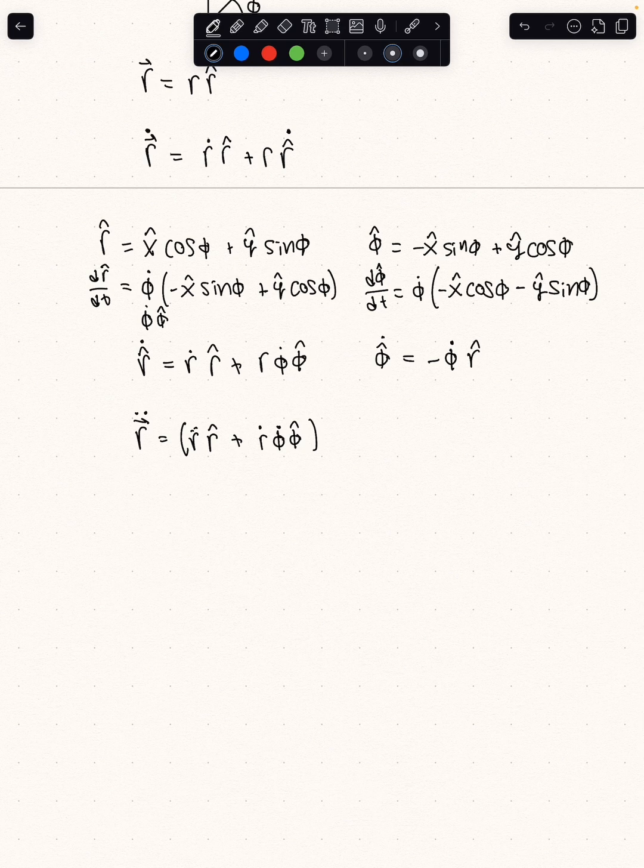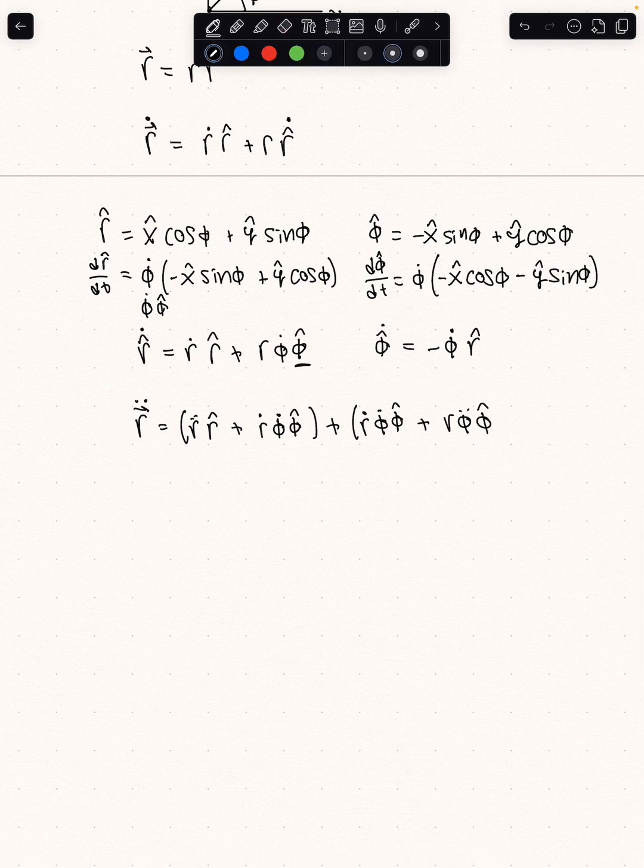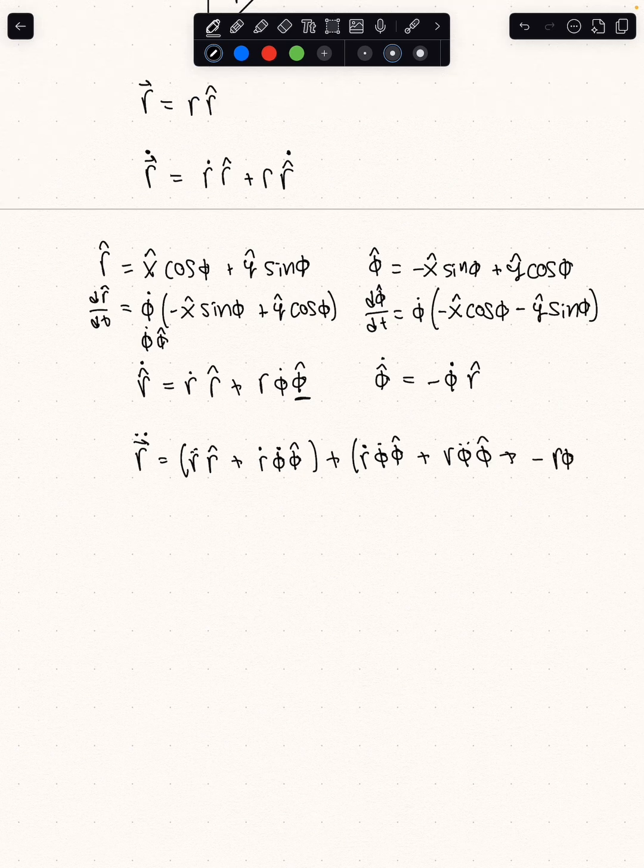And then plus the derivative of this, r dot phi hat, plus the derivative of this, r phi double dot phi hat. And now plus the derivative of phi hat, this gives r phi dot times phi dot in the r hat direction.